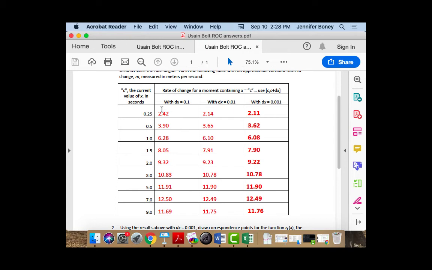So if I were to take a smallish interval between 0 and 0.25, I get the speed 2.4-ish meters per second. If I go a lot closer to 0.25, it changes significantly. It's 0.3 of a meter per second less by looking at a smaller amount of time, meaning over that interval, if I'm using an interval of 1/10 of a second, he clearly was speeding up, even over that 1/10 of a second.